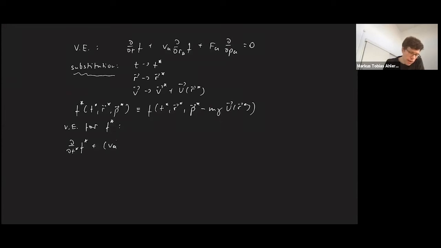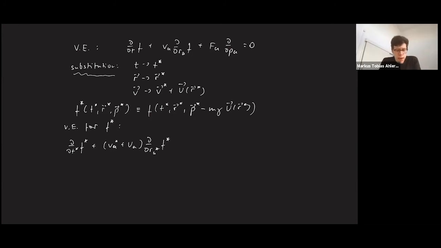So this is V_A star plus U_A, multiplying the gradient. And this is also going to stay the same because the definition of location has not changed, F star.